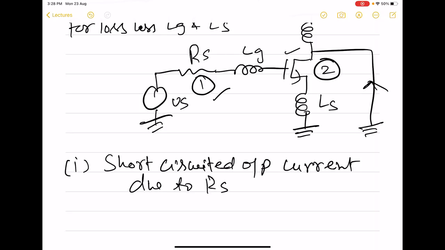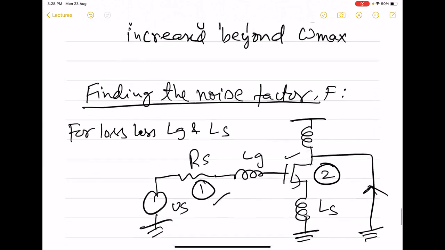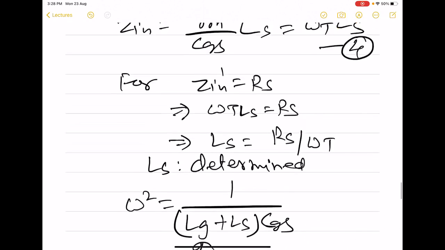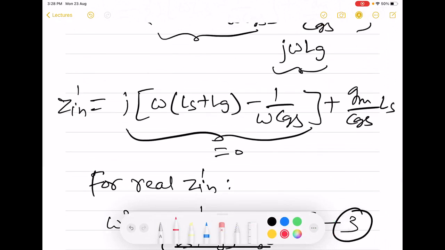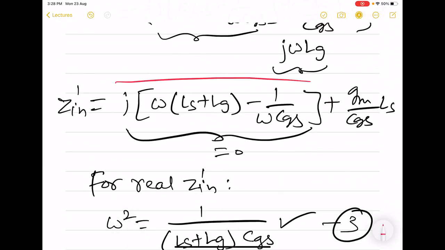And before we proceed to find this, I would like to point out that we will be using this expression very often. Keep in mind that it is only when this gets satisfied that the input impedance is real.